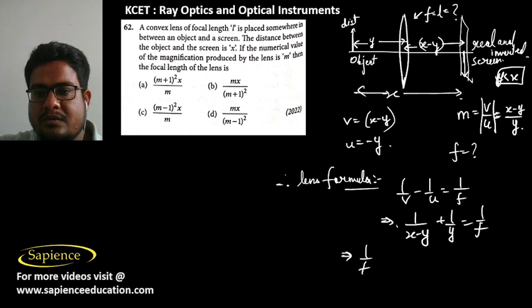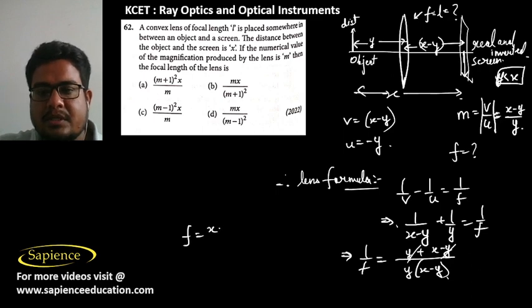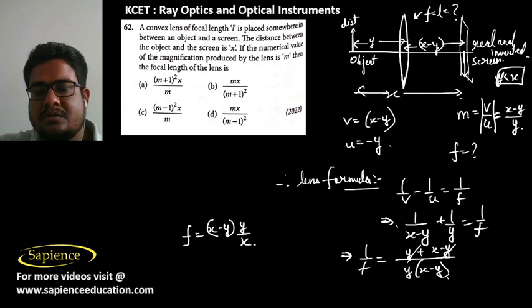Therefore, 1 by f is equal to x by y into x minus y. So the focal length is coming x minus y into y by x.